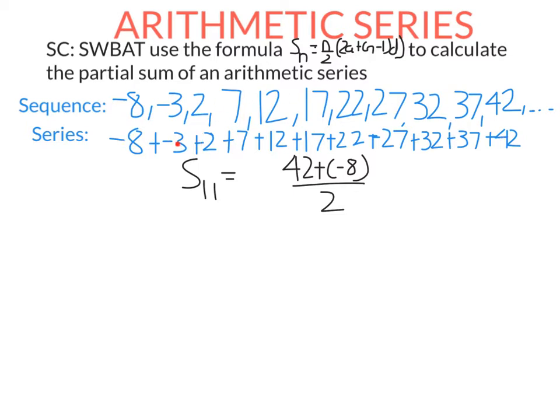The average of each of these terms is 17. So I can just take this average, 17, and multiply it by 11 because there are 11 terms. I times 11 by the whole thing, and I get 187.